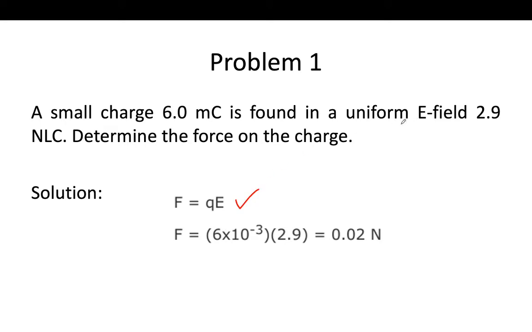The Q value given here is 6.0 mC, which you can convert to 6 into 10 raised to power -3, because here it's given in millicoulombs. And what is the value of E, the electric field? That is 2.9. So the answer will be 0.02 Newton. This is the simple type, you just need to remember the formula. Here we have to find the force on the charge, so we know the force formula and we just put in our values.